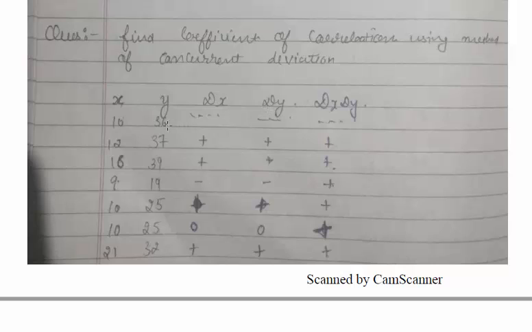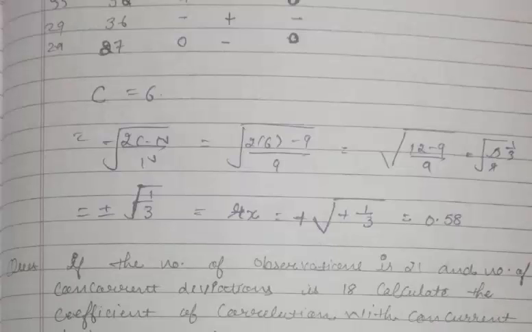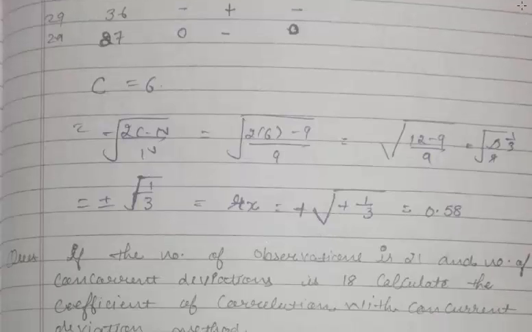Similarly for dy, 36 to 37 positive sign, 37 to 39 positive sign. Similarly, then we find the product of these two signs: plus into plus is plus, plus into minus is minus, minus into minus is plus. And C is the sum of the positive signs.